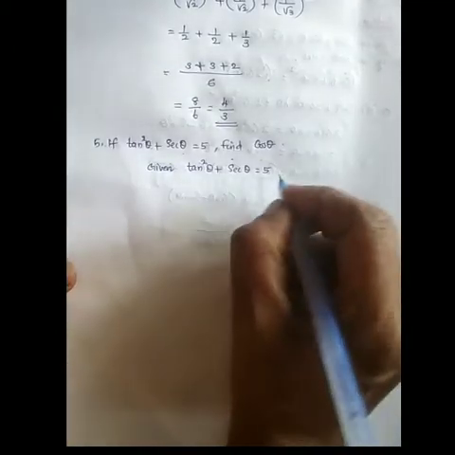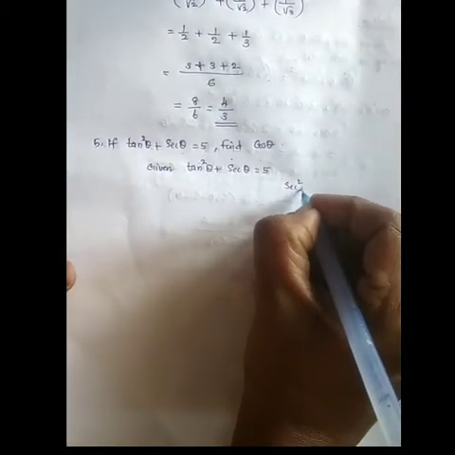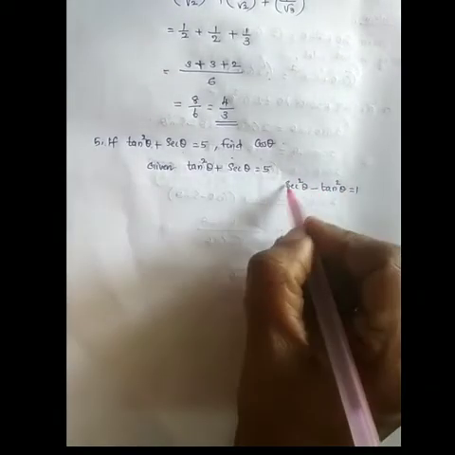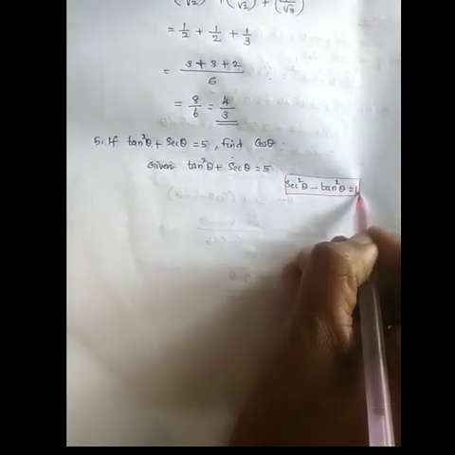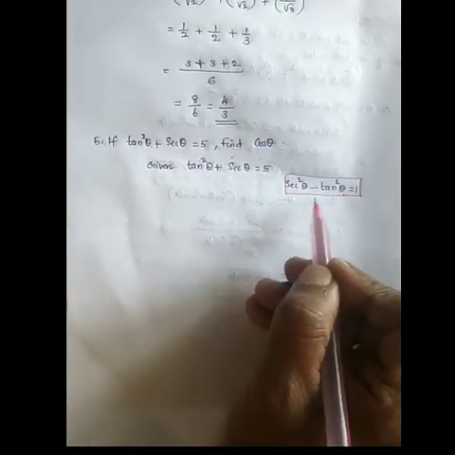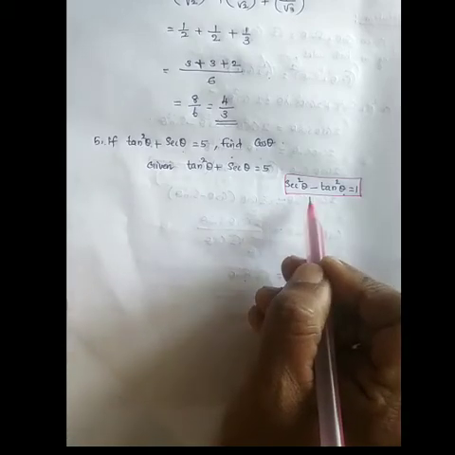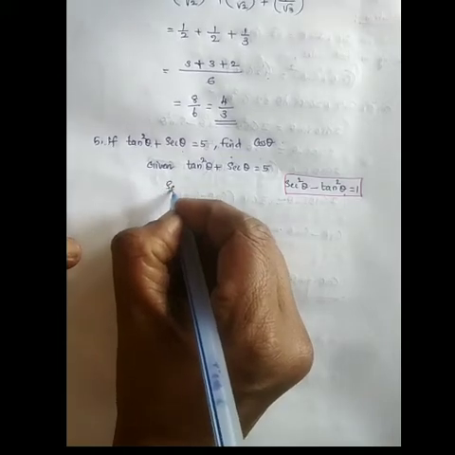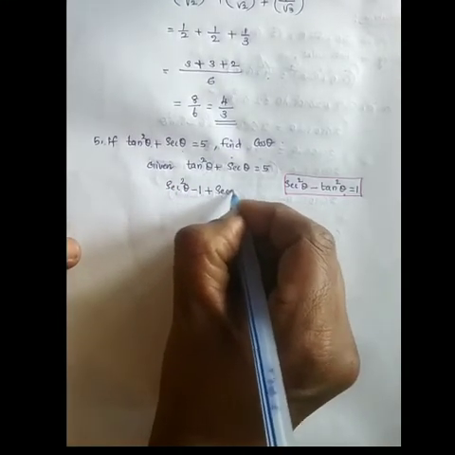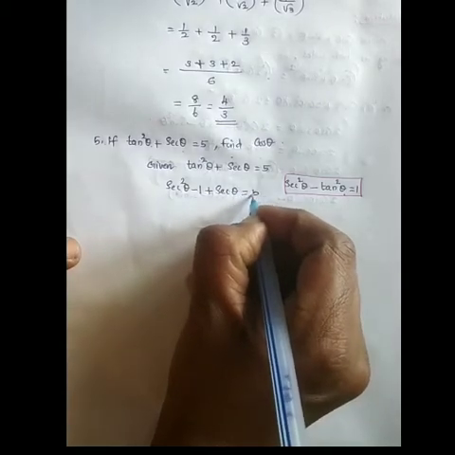We know that sec square theta minus tan square theta equal to 1. Using this identity, tan square theta is sec square theta minus 1. So, sec square theta minus 1 plus sec theta equal to 5.